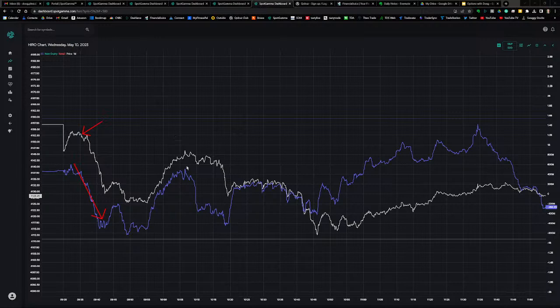And then there was a confirmation long, 945, and then a divergent short shown right here.